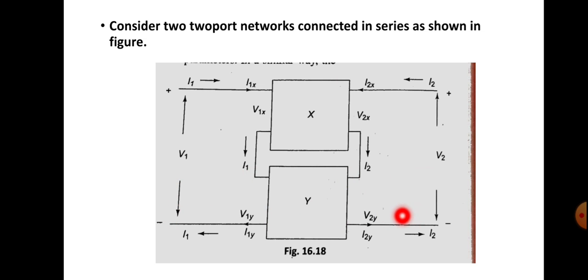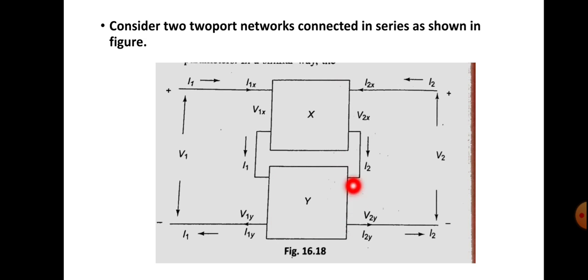like this. And we know that in the case of two-port networks, there will be a reference node for each port. In the case of the input port for this X, the reference node is this one. Similarly for the output case, the reference node is this one.